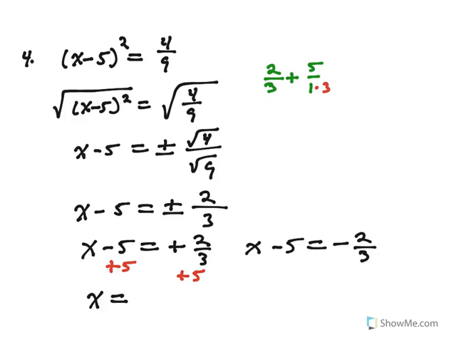Common denominator is 3, so I'm going to multiply the right side by 3. And that gives me 2/3 plus 15/3, which gives me 17/3. Okay?